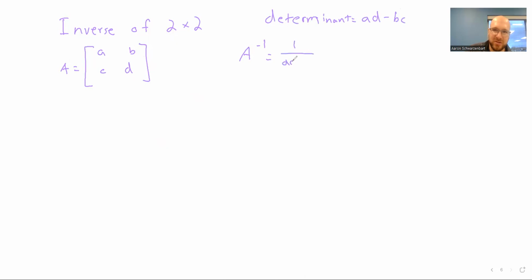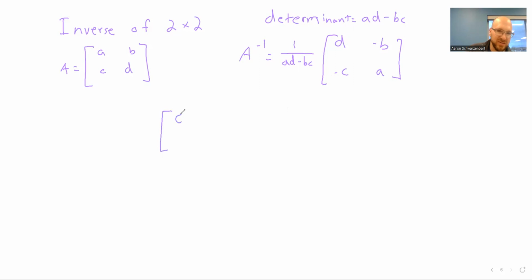And so you're doing 1 over the determinant, which is a number that we're going to multiply everything by later. D, negative B, negative C, A. So what you're doing here is you're switching A and D's places, and you're making B and C negative.